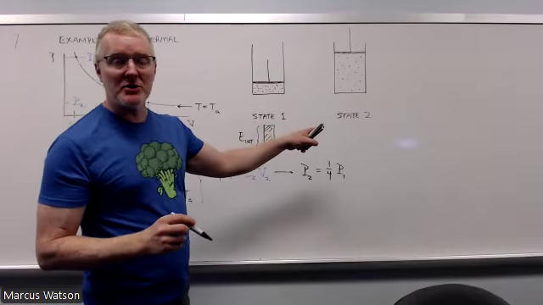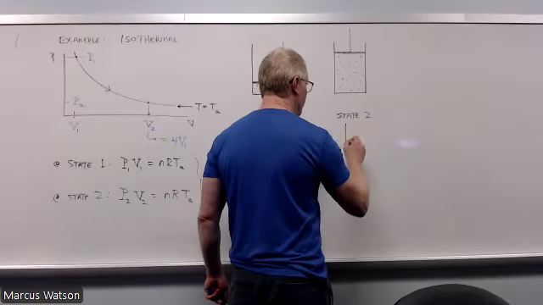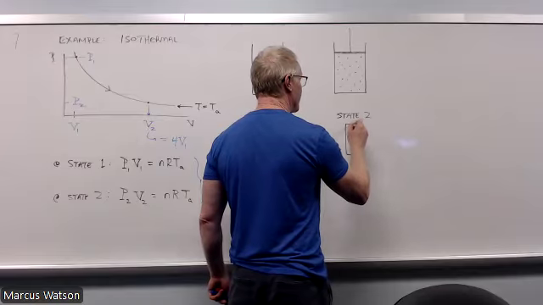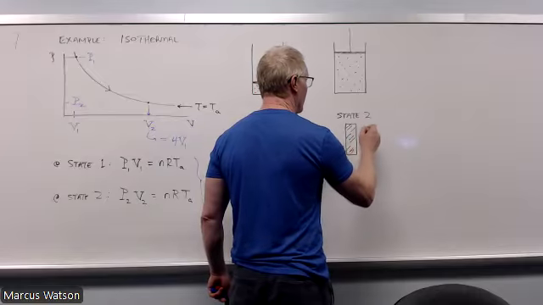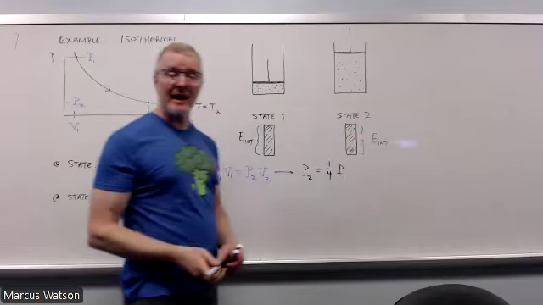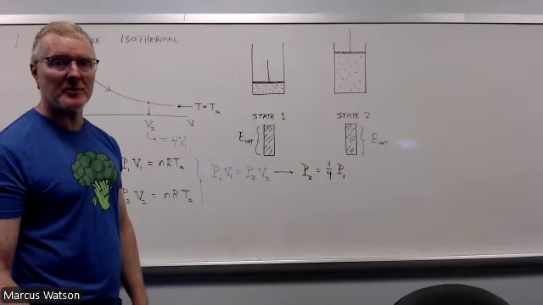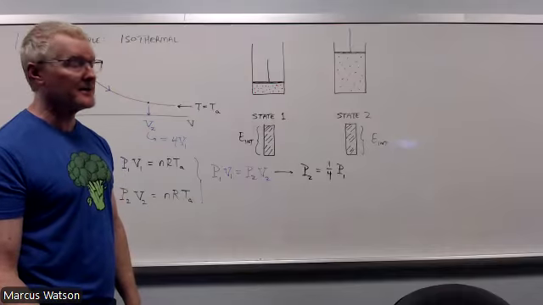By the time I get to state 2, what do I expect? The same exact thing. I should be able to say the temperature is constant, therefore the energy of my ideal gas is constant. I had just erased that delta E internal is 0 in an isothermal process if you're talking about ideal gases.